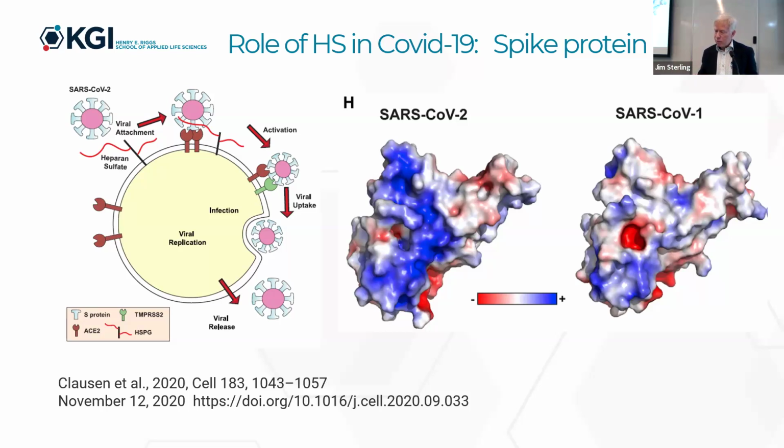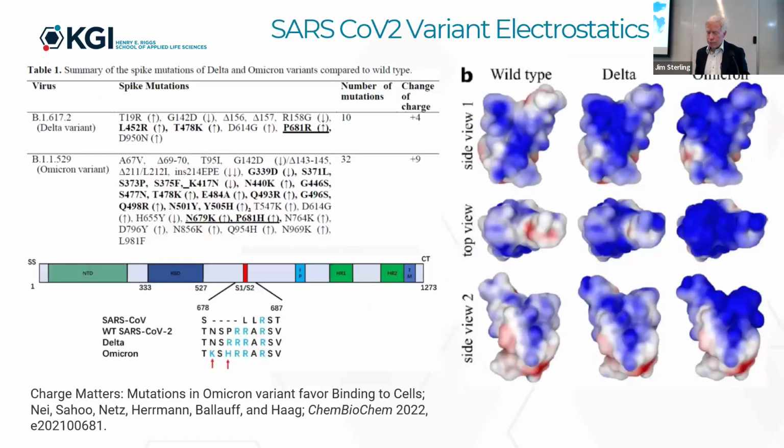If you look at SARS-CoV-1 versus SARS-CoV-2, the positive charges are in blue, and so it becomes increasingly cationic. And there's another group that early on found that everybody heard about this furin cleavage site, and the furin cleavage site was cationic.